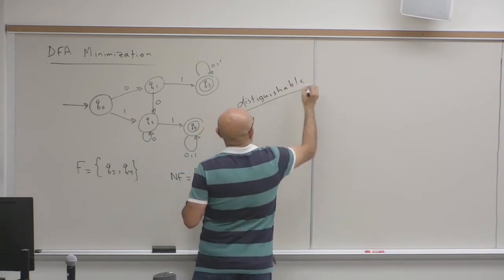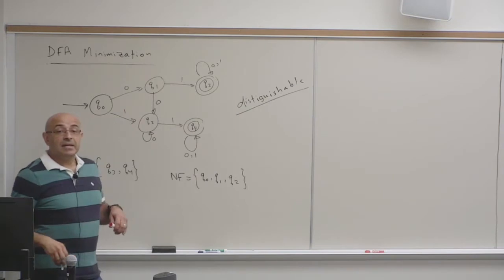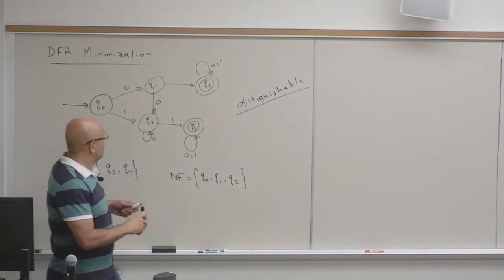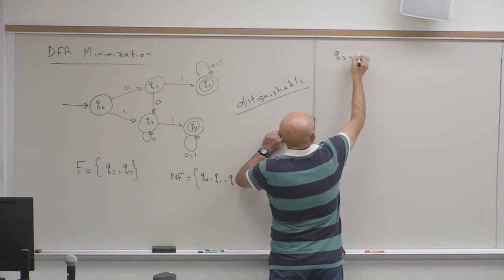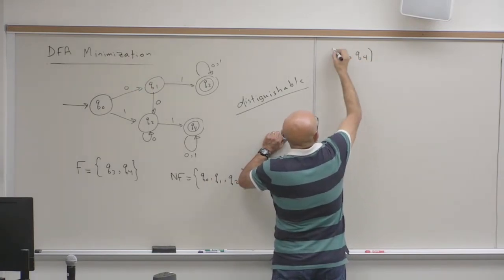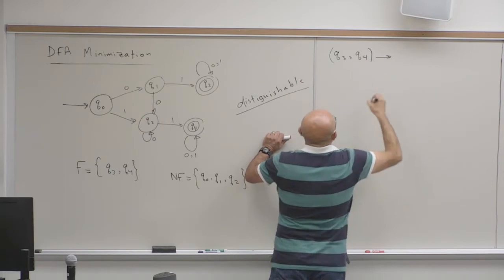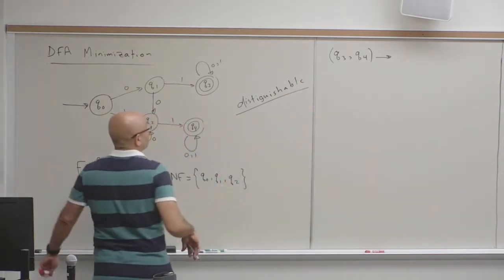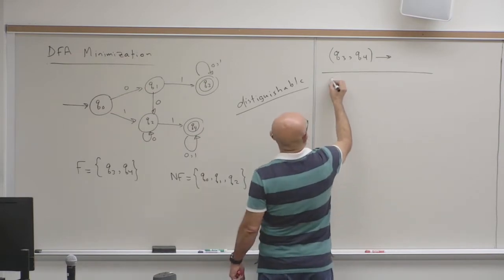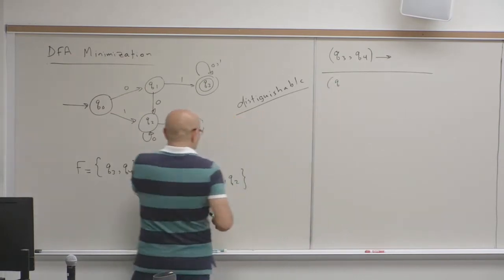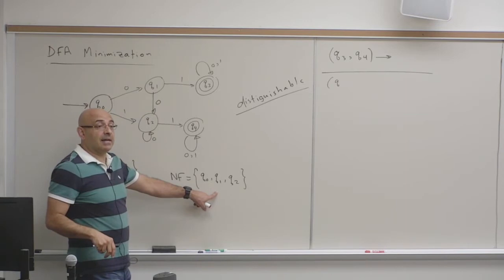So the key idea is identifying distinguishable states. So I will study the relation between Q3 and Q4. Then I will study the relation between all pairs of states in this equivalence class.